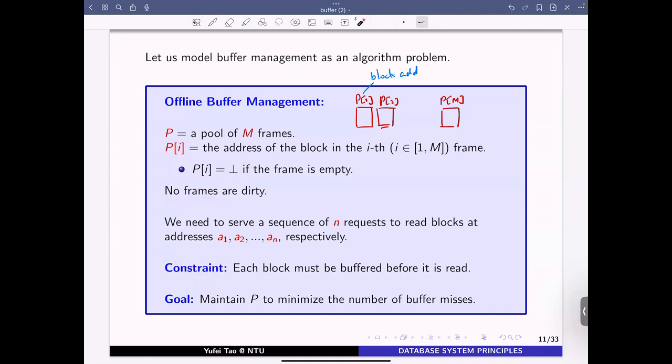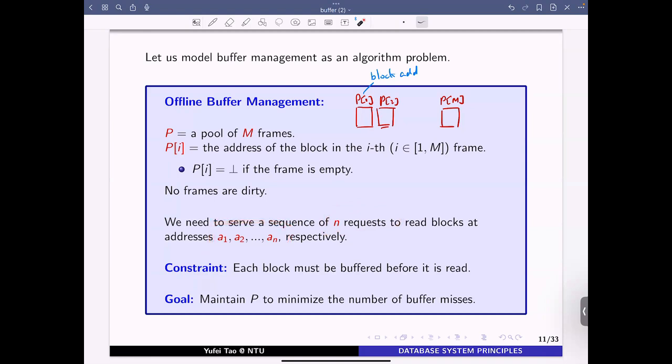The purpose is to really understand the underlying principle behind buffer management, so we keep the problem as simple as possible so that we can focus on the core. The objective is to serve n requests, and we know all the requests in the future.